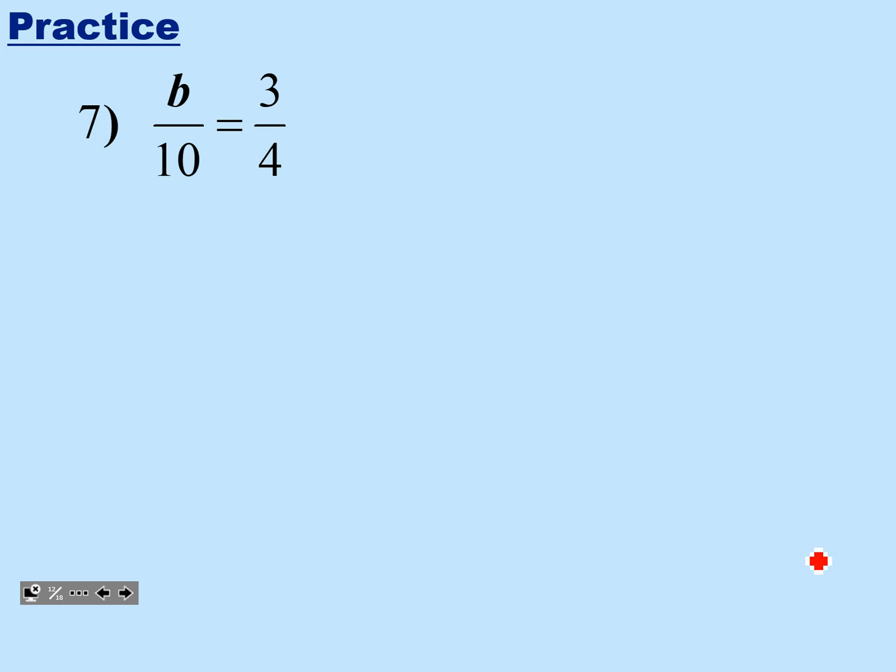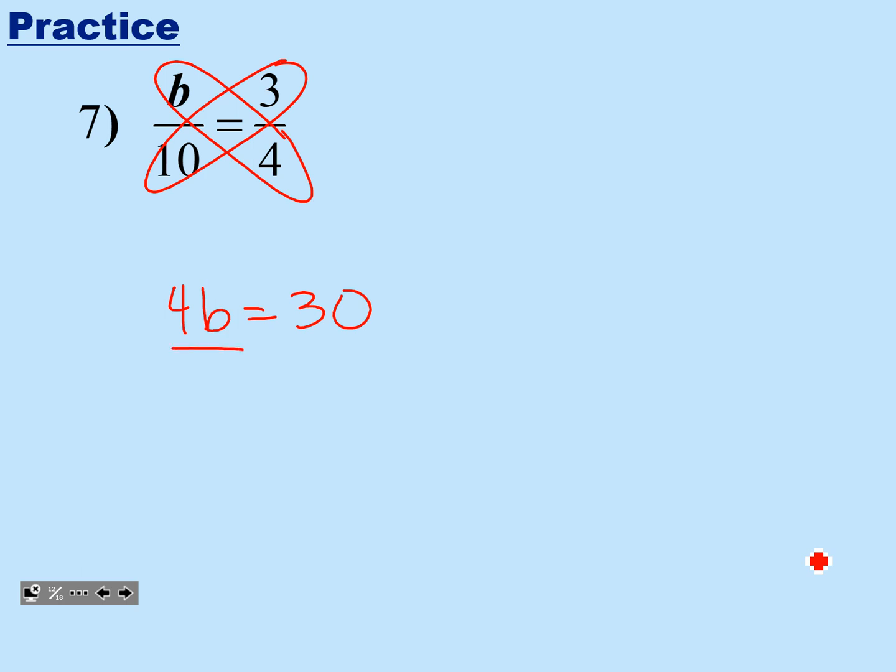So I'm simply going to cross multiply. 4 times b is 4b. 10 times 3 is 30. The next thing I'm going to do is divide both sides by 4. If I calculate it and do my work, b will eventually equal 7.5.